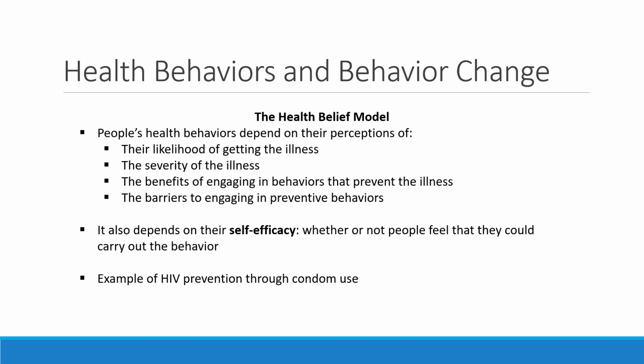So it proposes that people's health behavior depends on how much they think they're likely to get an illness, how severe they think the illness is, the benefits of engaging in behaviors that prevent the illness, and the barriers of engaging in preventative behaviors.